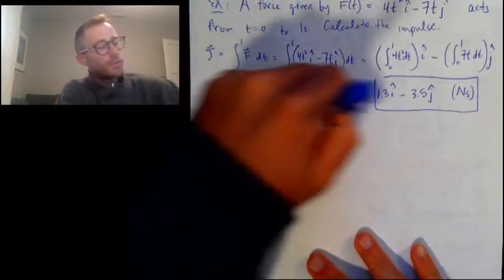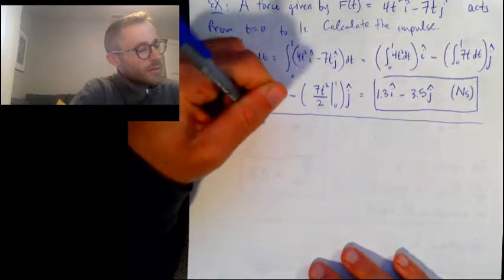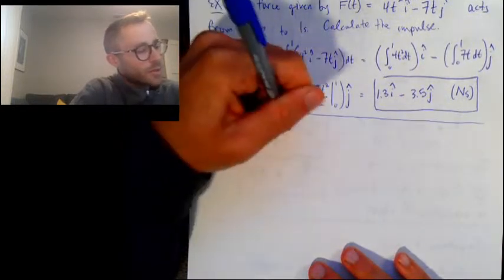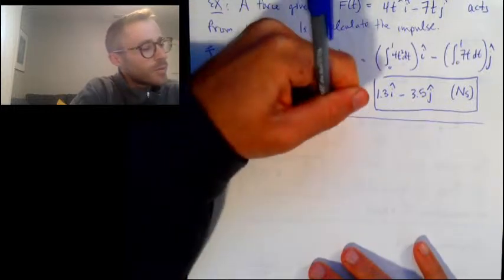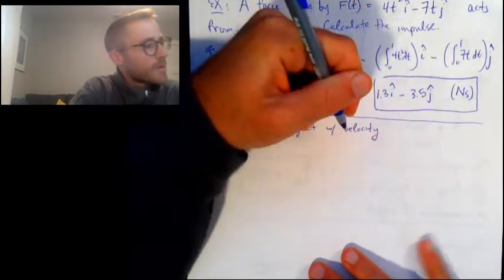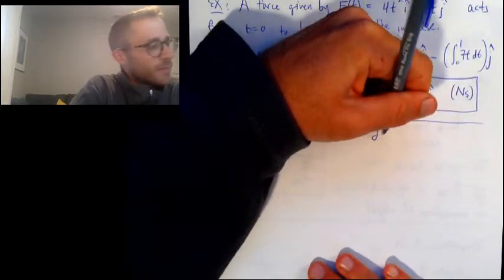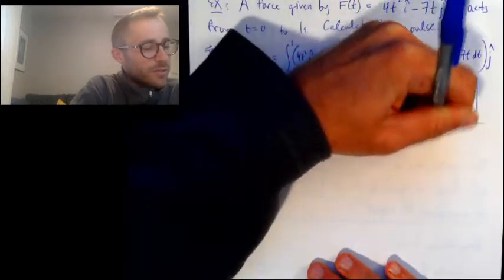Let's do another example. Suppose we have a 3 kilogram object with velocity 9 meters per second in the eastward direction.